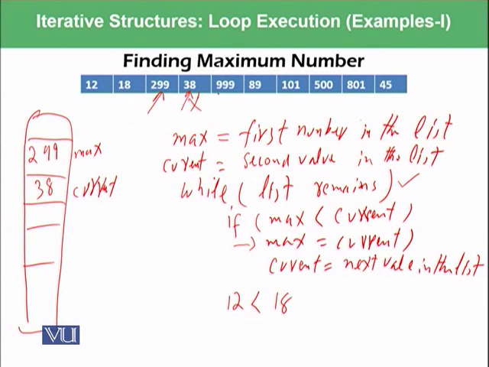Then it is moving current to the next value, which is 999. Is 299 less than 999? The condition is true. So 999 will become the max, and current will be moved to 89.